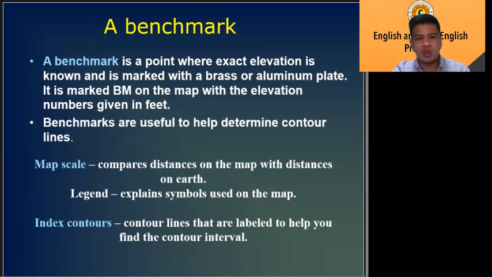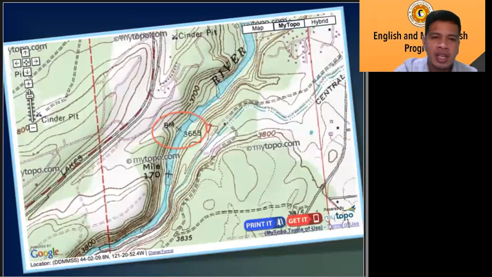Index contours are the same. These are labeled to help you find the contour interval. These are contour lines that are labeled. So this one here, for example, the one in the red circle, is a BM, a benchmark. What is a benchmark again? You still remember?